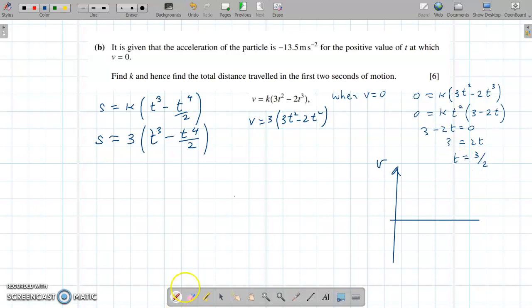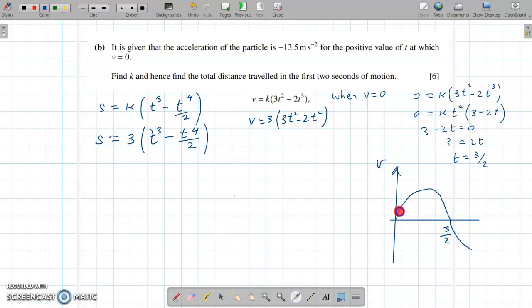So it starts off at 0, it accelerates, and at this point the time is 3 over 2, so it's about to change direction. Then it carries on like that.